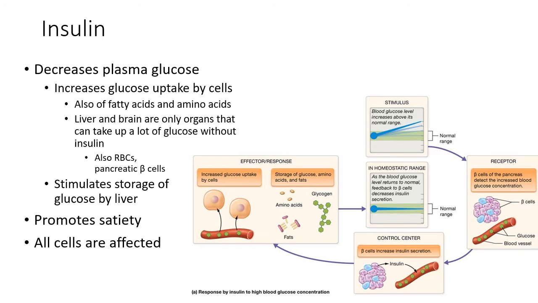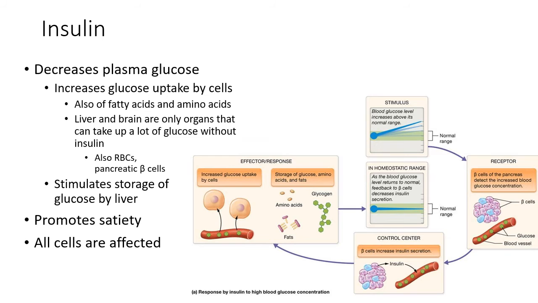The liver, the brain, the red blood cells, and certain cells in the pancreas are able to take up glucose without insulin. They can take up large amounts of glucose without insulin and run themselves without insulin. The other tissues in your body can take up a little bit of glucose without insulin, but not enough. They need insulin. So that means that if you don't have the insulin, that's a major problem for your body.